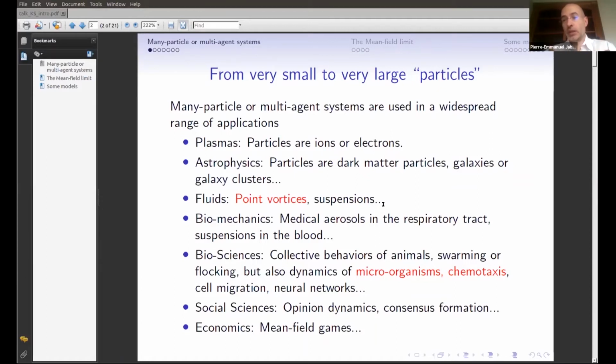But as I was saying, nowadays this has really spread into various other fields, from the biosciences, aerosols, microorganisms, to economics and social sciences. You have opinion dynamics, consensus formation, swarming, flocking, all things like that.